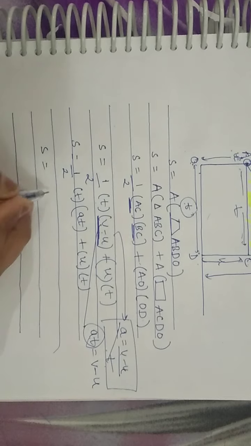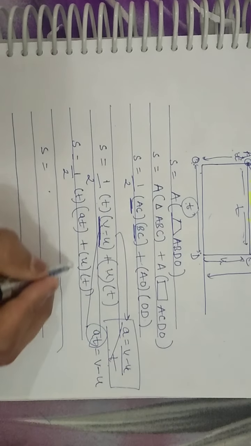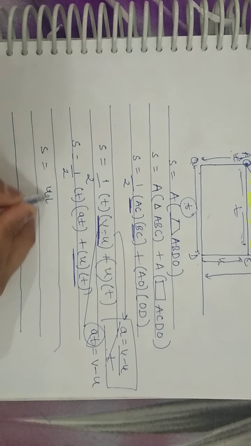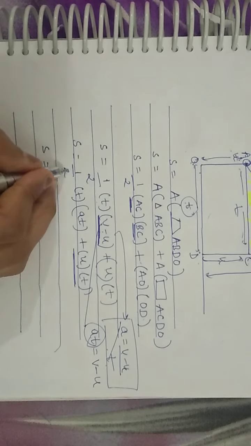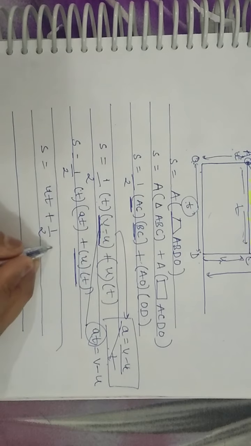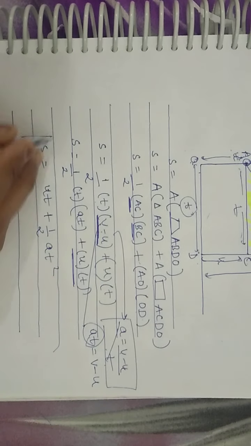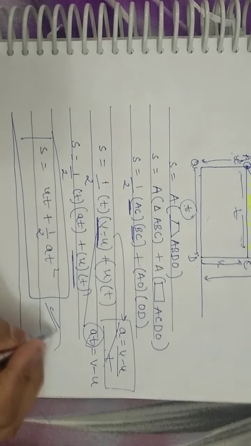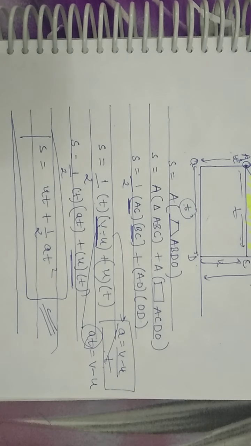Then our complete equation becomes S is equal to UT plus half AT square. So this is the third kinematical equation. I hope I'm clear to each one of you. Thank you.